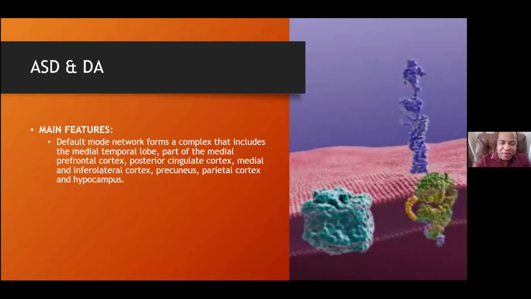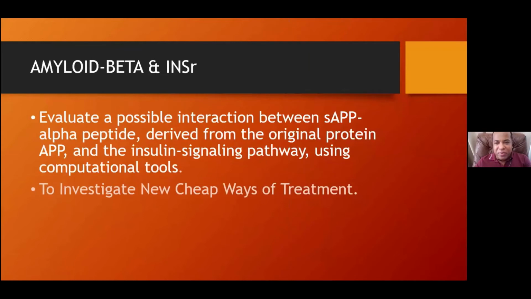It's very interesting to investigate this because we know today that 20 years before the development of the first symptoms in individuals with Alzheimer's, the consumption of glucose has been changing in those areas of the default mode network. But on the other side, individuals with autism disorder present exactly the opposite situation.